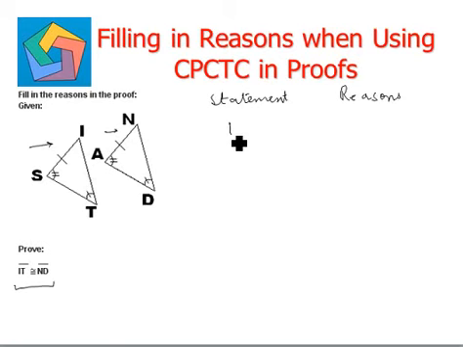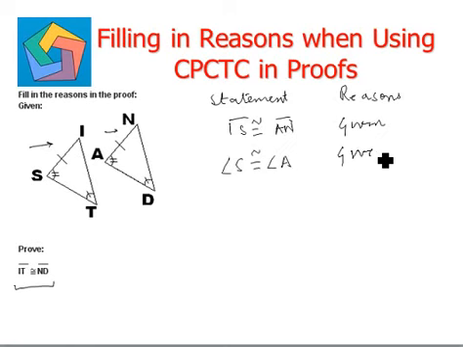Given that side IS is congruent to side AN, this is given to us by the marking on the triangles. Then angle S is congruent to angle A, again that is given to us.